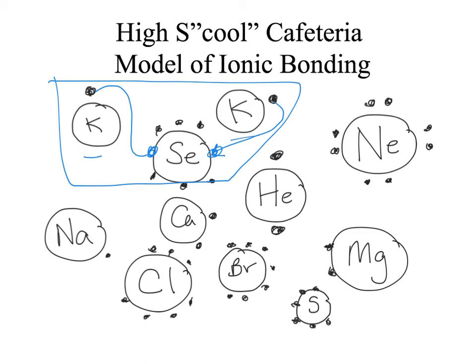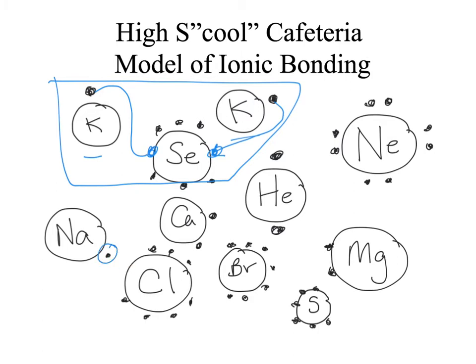Another example, we have sodium here, which has 1 chair or 1 valence electron, and we have chlorine here, which has 7 valence electrons. Now to figure out which table is going to donate its electrons, think of it this way. What's easier? Is it easier for chlorine to give up or move 7 of its chairs to sodium, or is it easier for sodium to give up its 1 chair and move to chlorine?